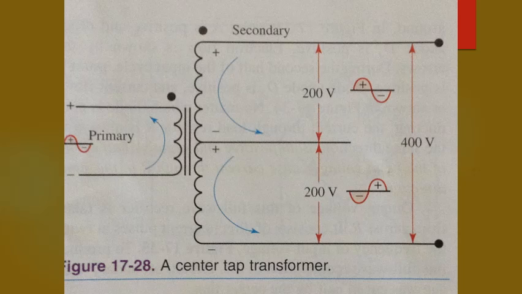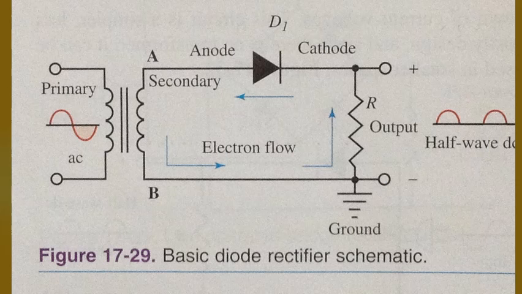Half-wave and full-wave rectification. After a voltage has gone through a power supply's transformer, the next step is rectification. The process of changing an alternating current to a pulsating direct current is called rectification.